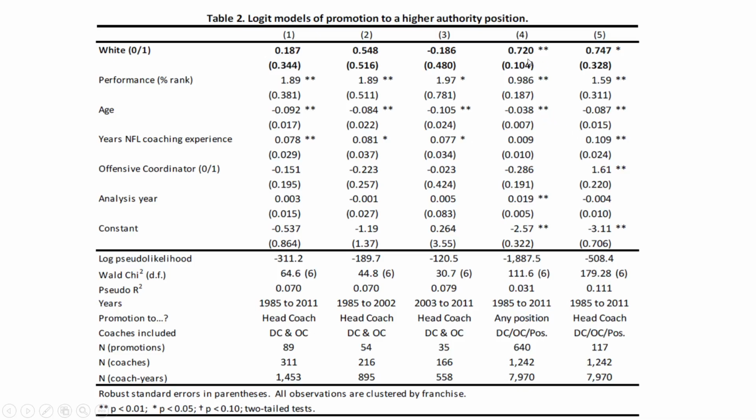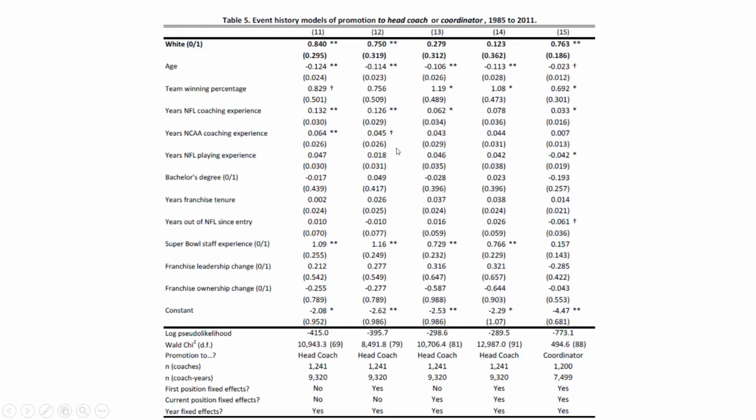So you're just much more likely to get promoted, right? And then you're also way more likely to get promoted to head coach, not from the coordinator position, but from the other positions. Once we include all those other positions like quarterback coaches, you're much more likely to get promoted to head coach if you're white when we include all the other coaches as well. So we've got some evidence that discrimination is going on there.